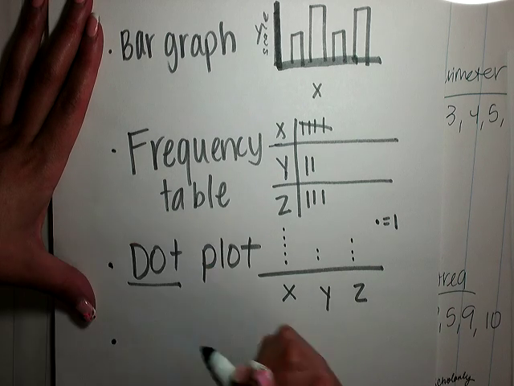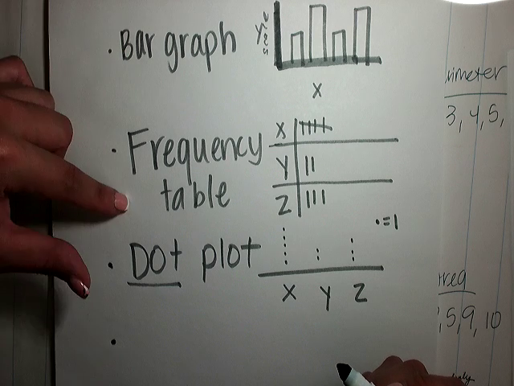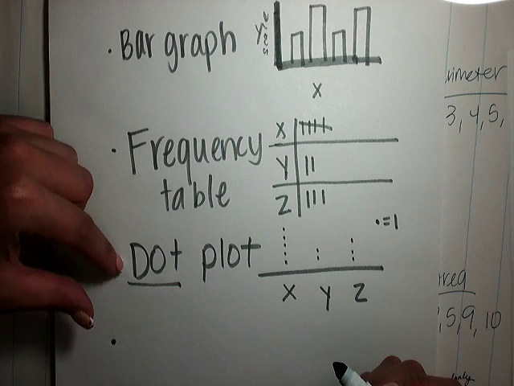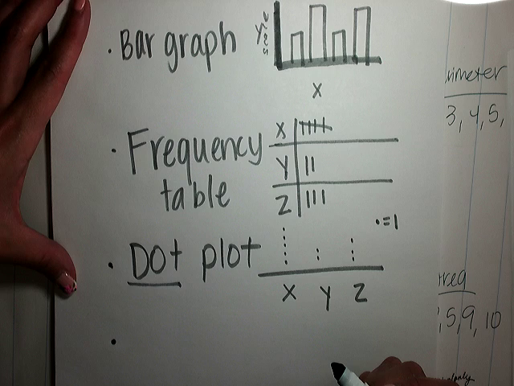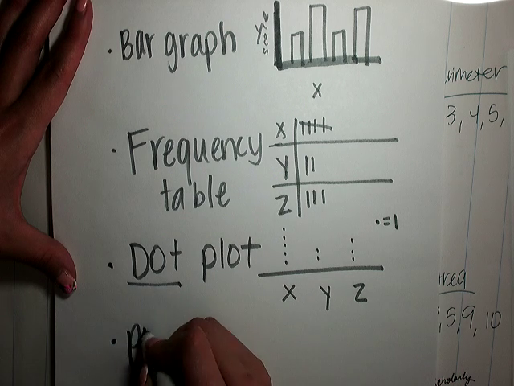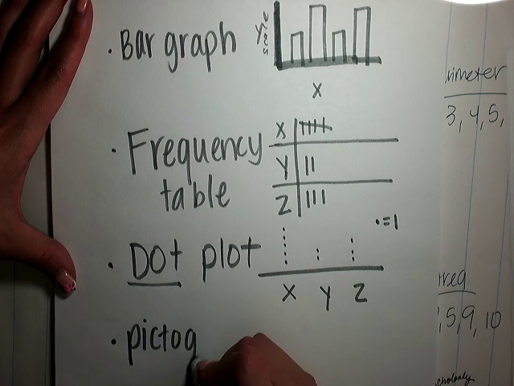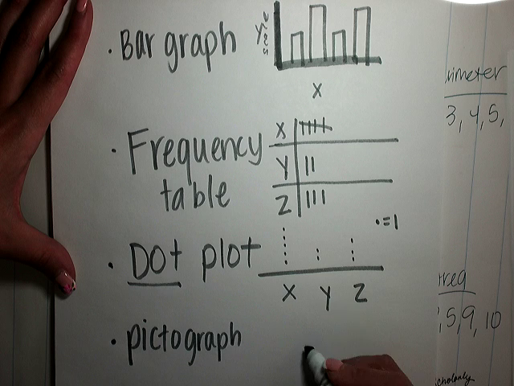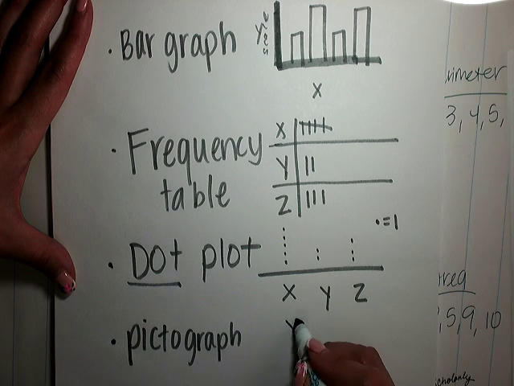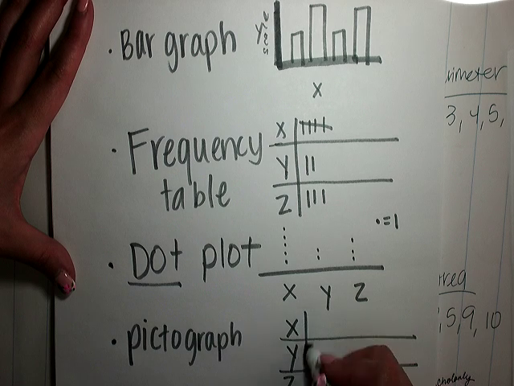Another one, so we have a bar graph, we have a frequency table, we have a dot plot. Another graph is the pictograph. So a pictograph is when you use pictures instead of dots or tally marks.